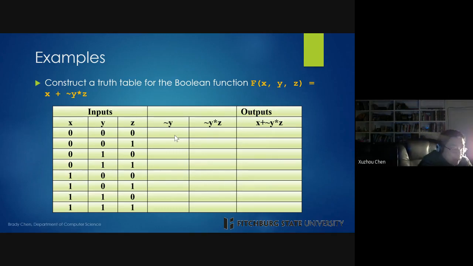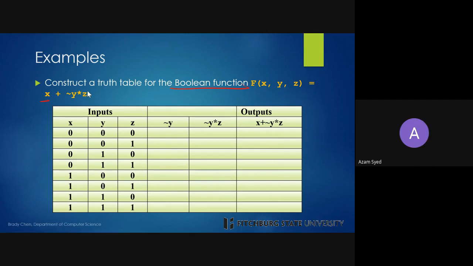This is the last slide that we're going to talk about for today. Suppose I have a Boolean function, a Boolean expression, says I have an x plus tilde y and z. What is the value? Now, which one we're going to evaluate first?